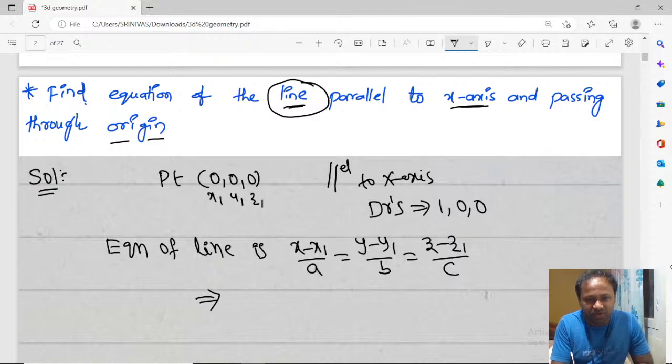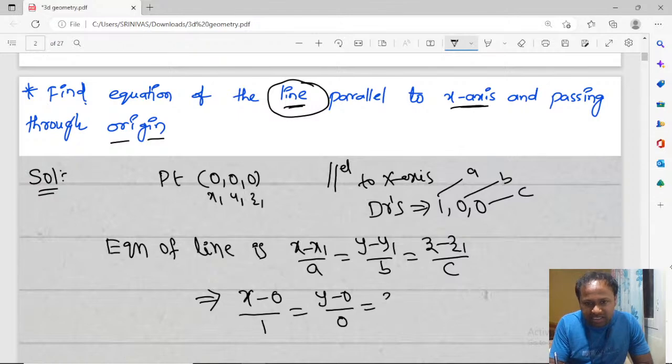Okay, so x minus x1 value 0, divided by the DRs. This is a and this is b and this is c. So 1 is equal to y minus 0 by 0 because b value is 0, that is equal to z minus z1, which is nothing but 0, divided by c value 0.